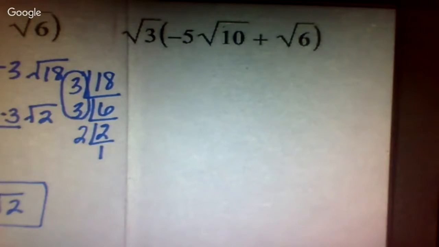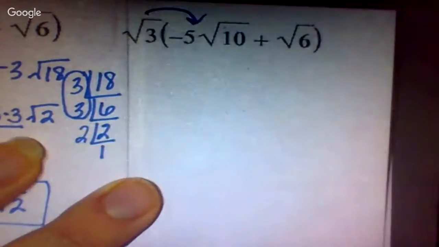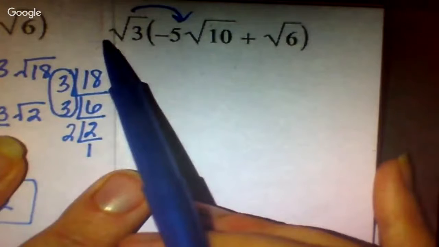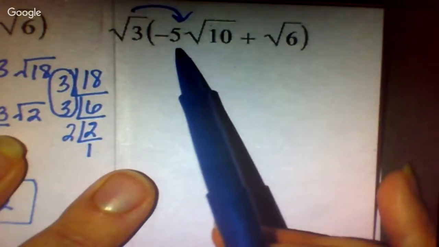Not that bad. This one. Again, I need to take this square root of 3 and multiply it by everything. So we do the first one first. What are my coefficients I'm going to multiply? What's my coefficient here? 1. What's here? -5.